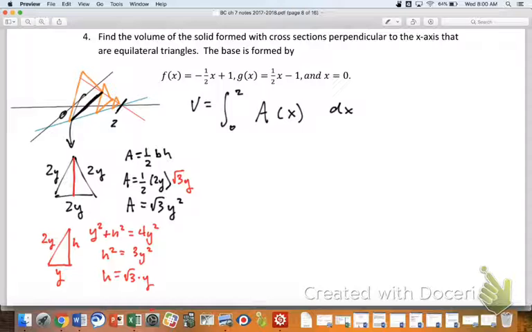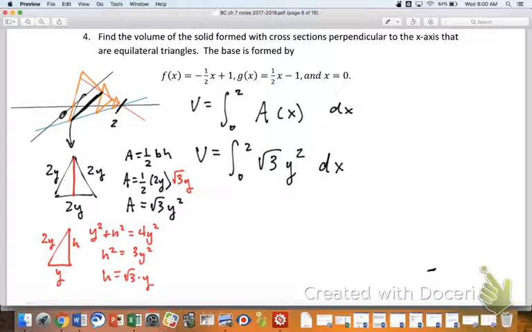Does that work? Okay. So then I can come over here and say volume equals the integral from 0 to 2 of (root 3 y) squared dx. And of course we have a little issue here because y is in terms of x, right?